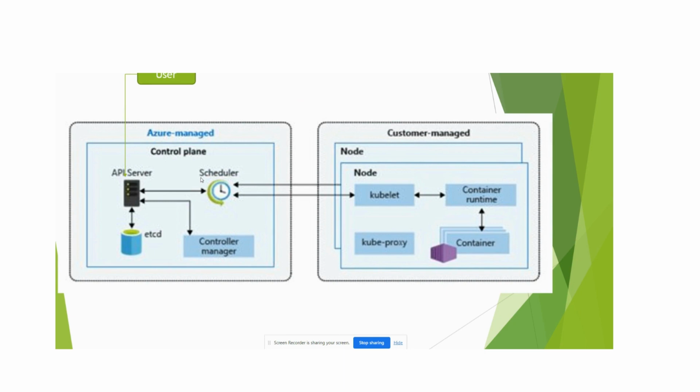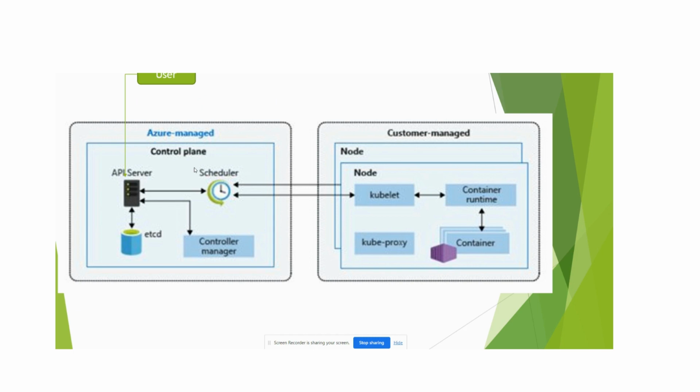Now this is the architecture of the Kubernetes cluster. On the left hand side, we have the control plane, the master node. On the right hand side, we have the worker nodes, which are customer managed, which we will manage. Now one user has placed a request of deploying a pod. That request will be taken by the API server.